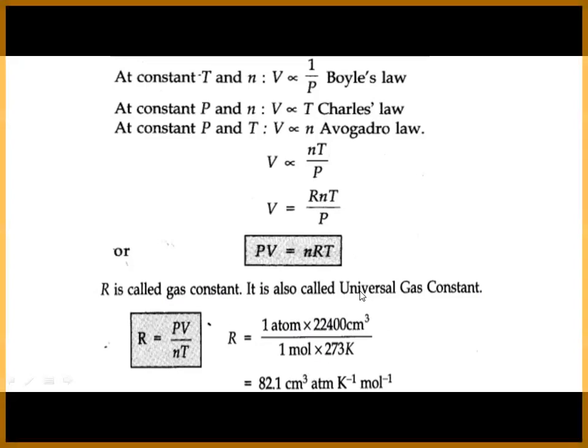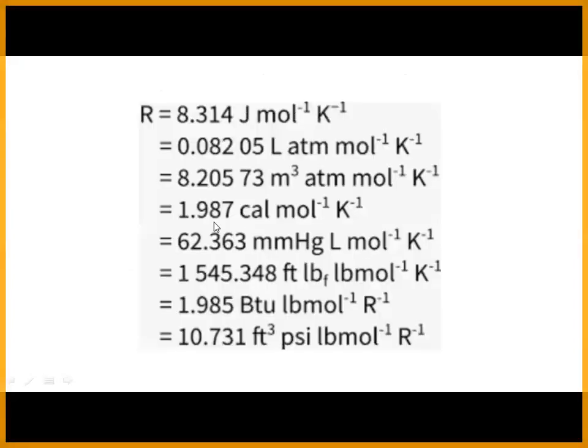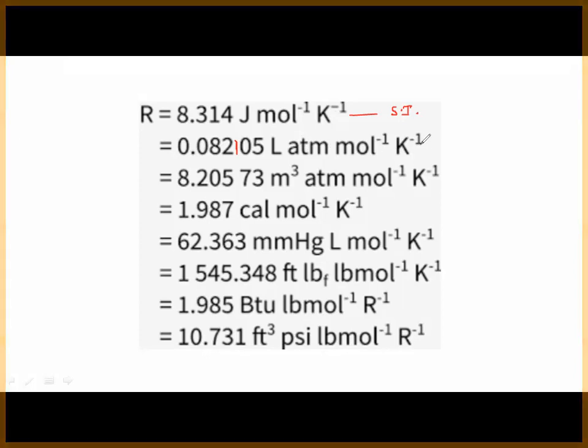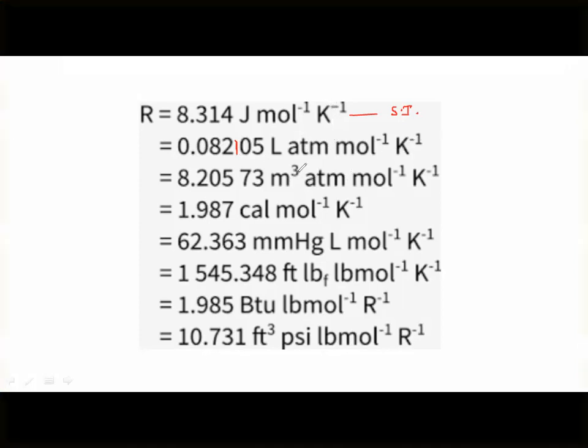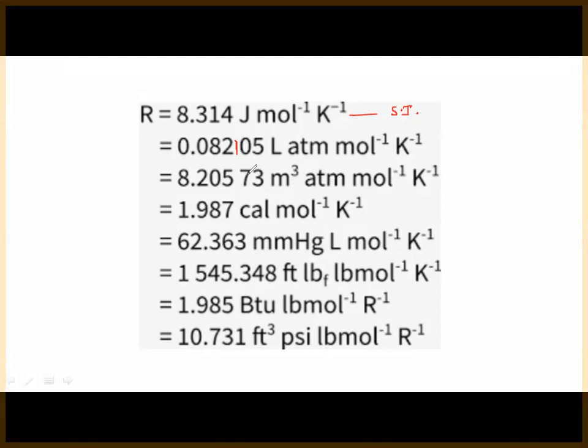See, different values are obtained for the universal gas constant. The first one you are seeing is the SI unit for R, 8.314 joules per mole per Kelvin. This is 0.0821 liter atmosphere per mole per Kelvin. These two are most frequently used. In cubic meter atmosphere it is 8.205.